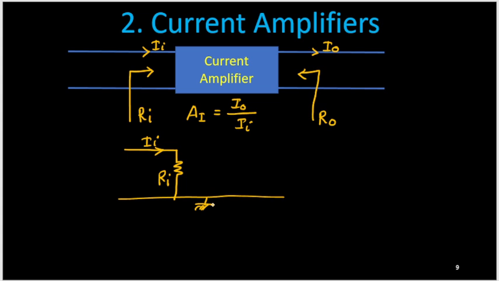I will consider it grounded, input side and output side. Now as this I0, I need to consider one dependent source again. But this time it should be a current source. And its magnitude depends on this II. So I0 should be AI times II. So this should be AI times input current II.